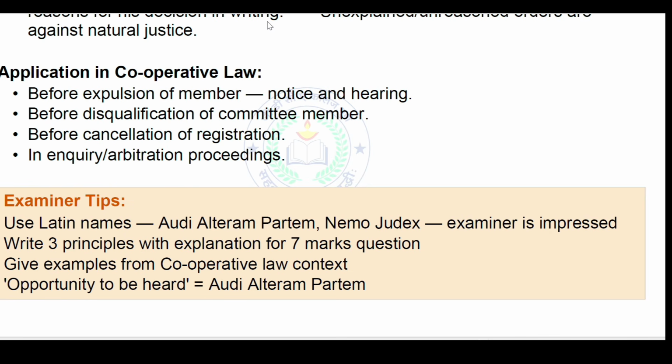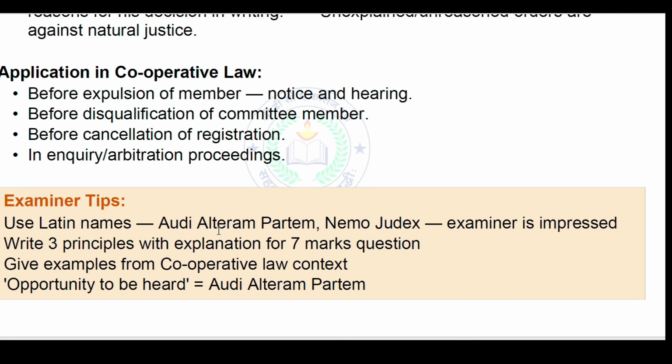So what are the tips for examination for this question? If this question comes, use the Latin names: audi alteram partem, nemo judex. The examiner will be impressed if you write these words and underline them in the examination. Write at least three principles with explanation for 7 marks.